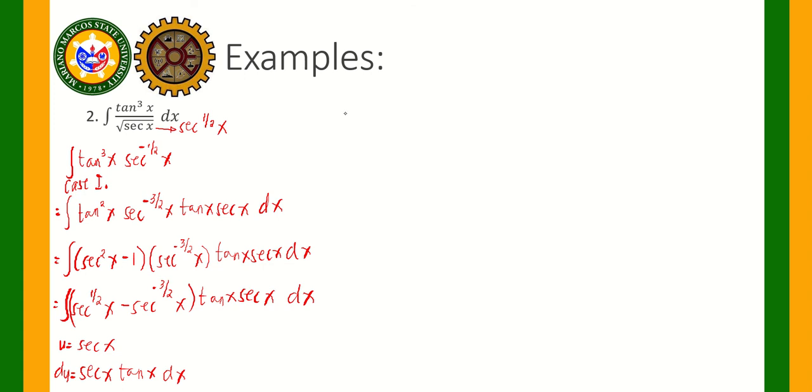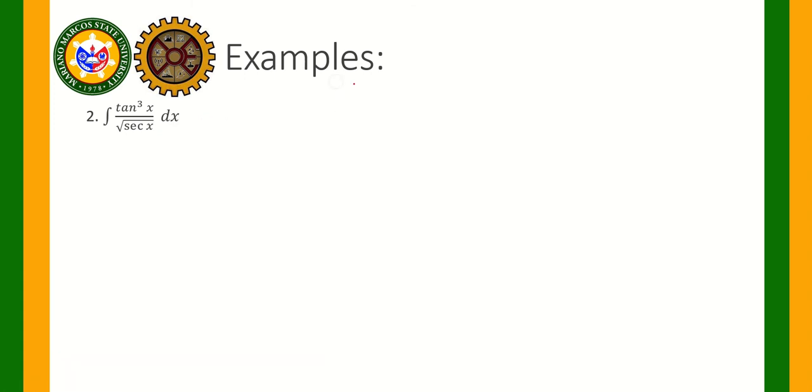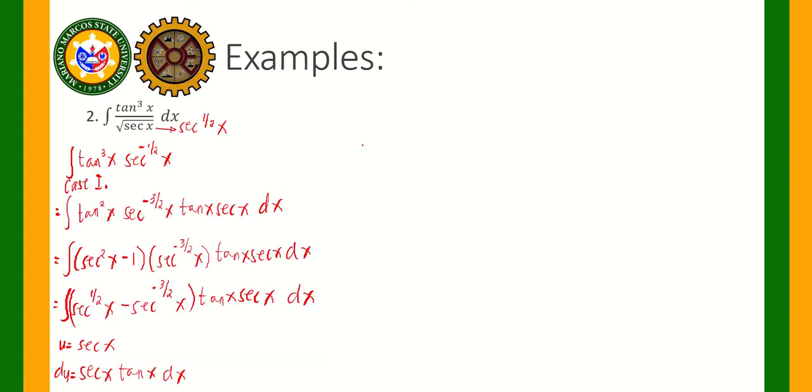Okay? So, this will be equal to the integral of secant x natin is u. So, u raised to 1/2 minus u raised to negative 3 over 2 tangent x secant x dx is equal to du. Okay, so from there, pwede na tayong mag-integrate.